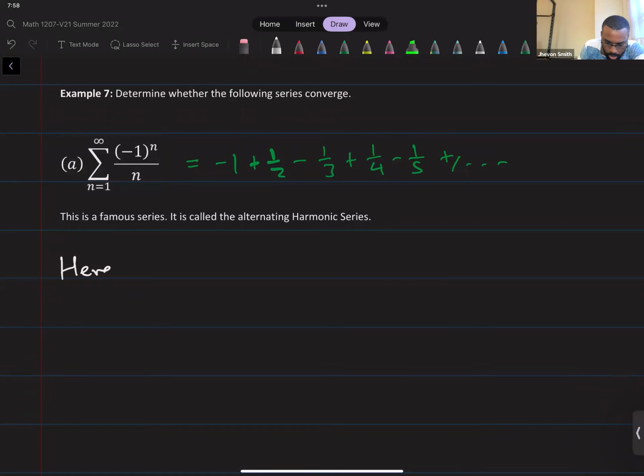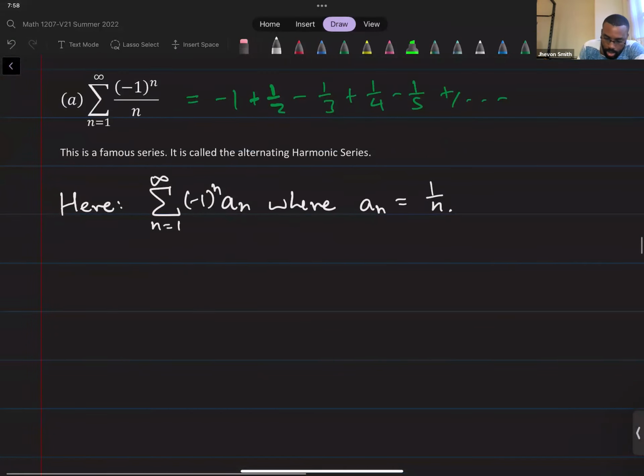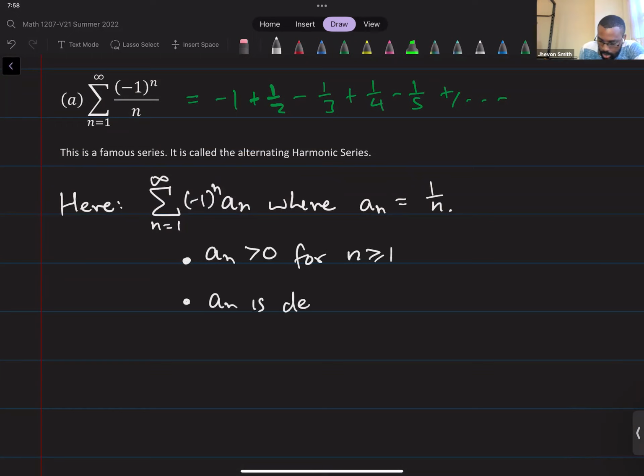So here we have -1 to the n an, where our an is 1 over n. And you know that your an is positive for n greater than or equal to 1. You also know that your an is decreasing.